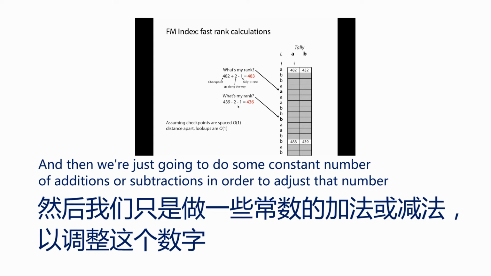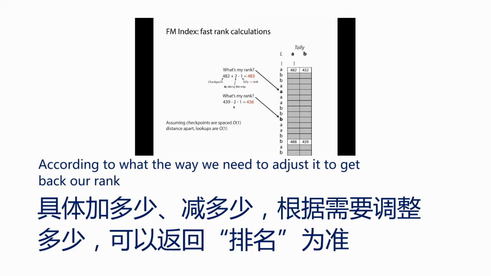And then we're just going to do some constant number of additions or subtractions in order to adjust that number according to the way we need to adjust it to get back our rank.